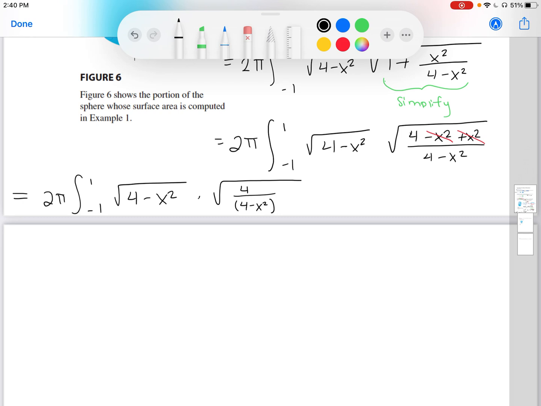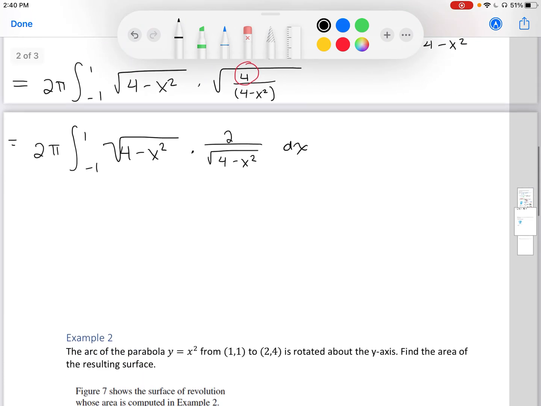Okay, let's go ahead and apply the radical to the numerator only. That will give us 2 over the square root of 4 minus x squared dx. And something very cool happens here.